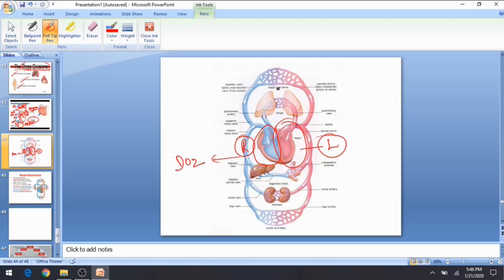It moves into the right side of the heart and is transferred to the lungs, where exchange of gases takes place. Oxygenated blood comes down again from the pulmonary vein, enters the heart, goes to the aorta and is supplied to different parts of the body.